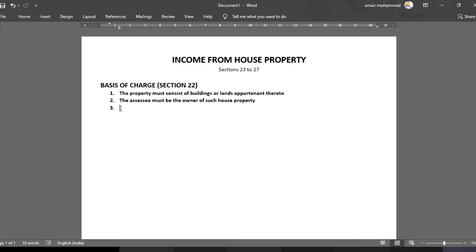Let's say you're a person who has 2 shops within your own property, and behind the 2 shops there is a house. Sometimes we see doctors also have a clinic within their house itself. But here the law says clearly that the property should not be used by the owner for a purpose of any business or profession.